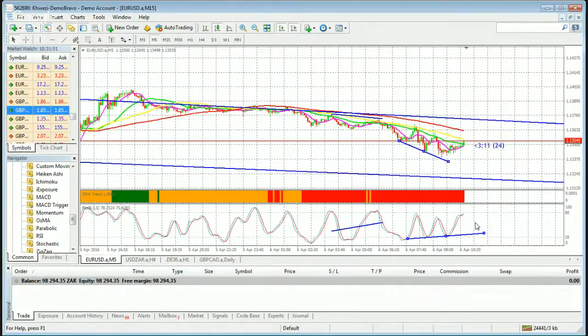Is the 5 minute going to make that retracement and then give us that entry we're looking for? We'll have to see. We've got about 30 minutes left. Nothing much else happening at this point.